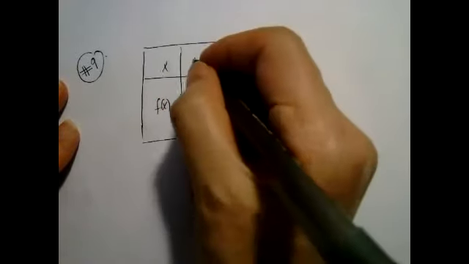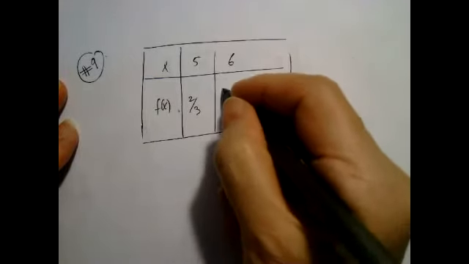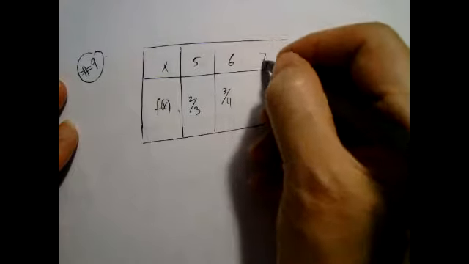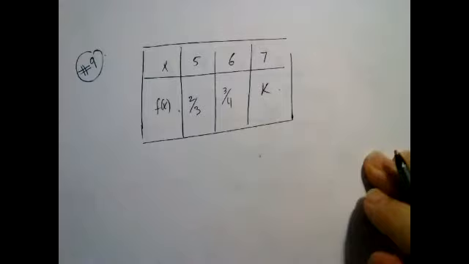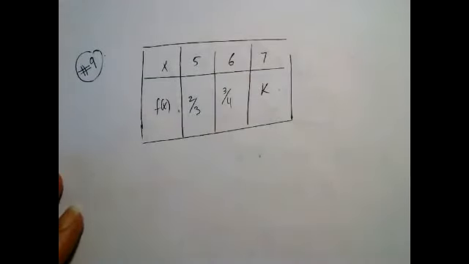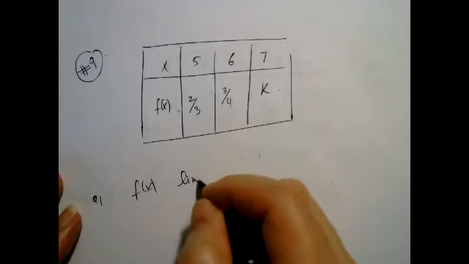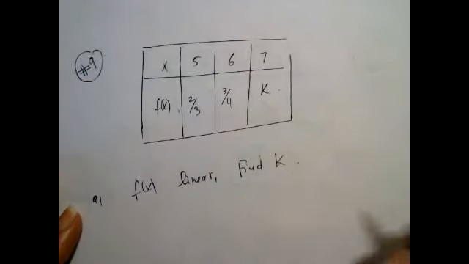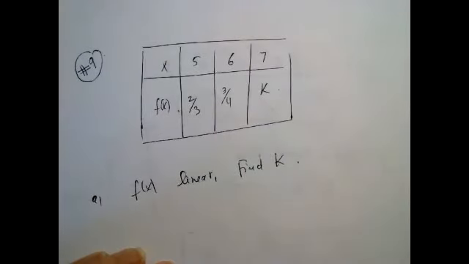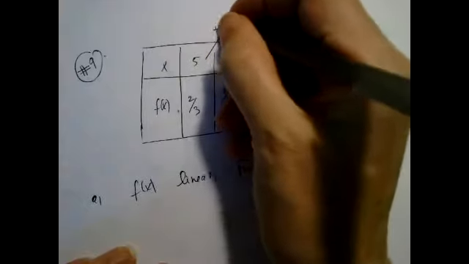And at 5, 2/3, at 6, 3/4, and at 7, it's k. And the question is, f of x linear, find k, and then f of x exponential, find k. And I'm letting x increase by 1.